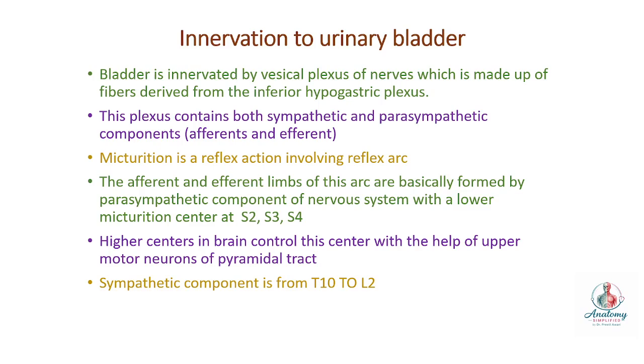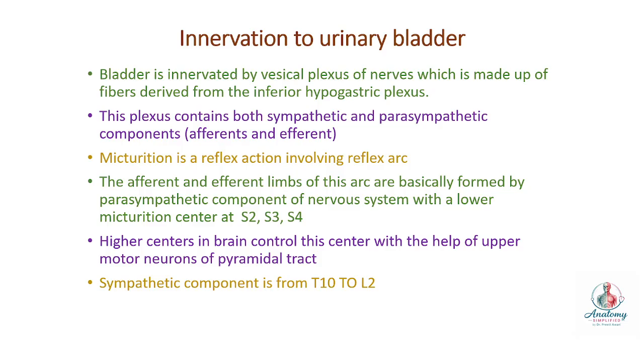So we have to see the efferent and afferent components of this reflex arc now. This reflex arc with the lower micturition center will be controlled by higher centers in the brain with the help of motor neurons, which are upper motor neurons of the pyramidal tract. Now, a sympathetic component is also present which acts greatly on the sphincters.